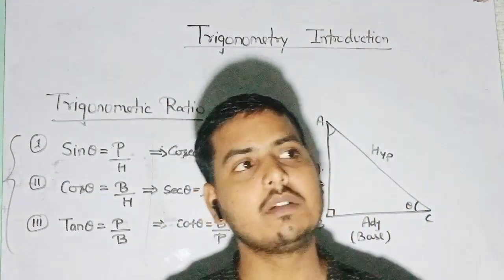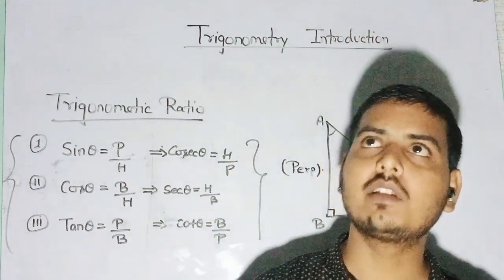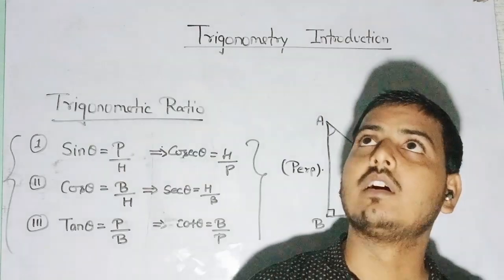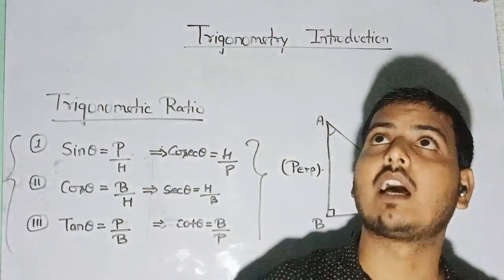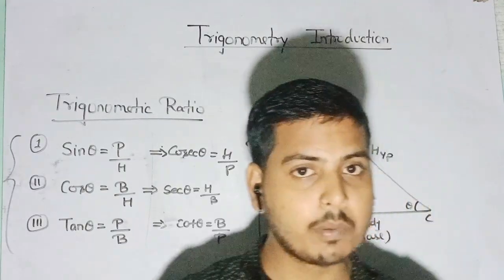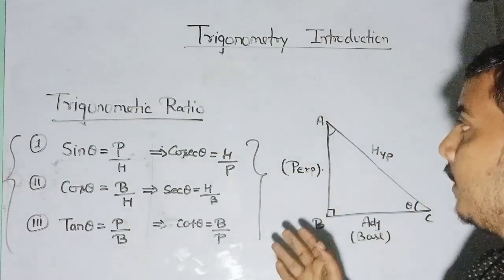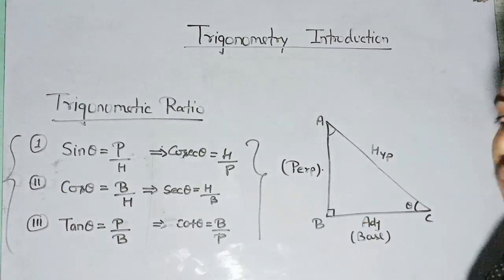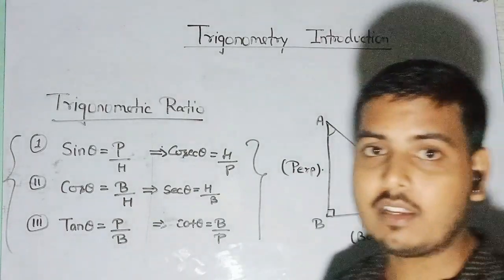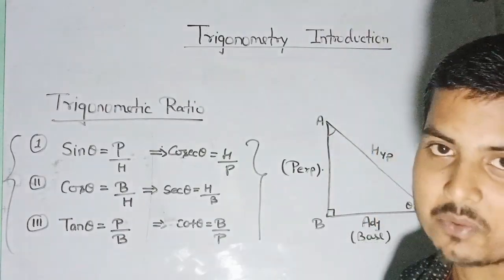The first thing that arises in your mind is what is theta, by which angle it will be measured, what is the height, what is the base, what is the hypotenuse. That is the pure application of trigonometry. Trigonometry is a very important tool to understand the angles and the sides. So the measurement of angles and sides is known as trigonometry.